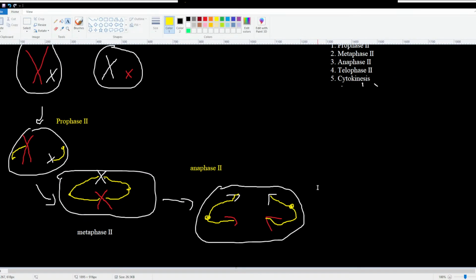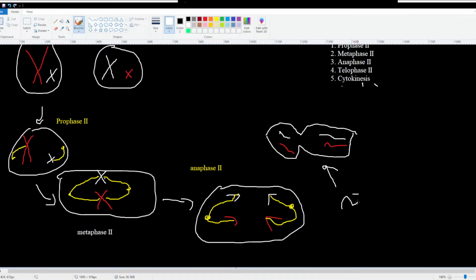Okay, well now what? Now we're going to go into telophase 2. In telophase 2, we're going to continue to make this cleavage furrow, as we've seen many times before. And in this step, the DNA is going to start to decondense. And both of these preliminary cells are still considered n equals 2.